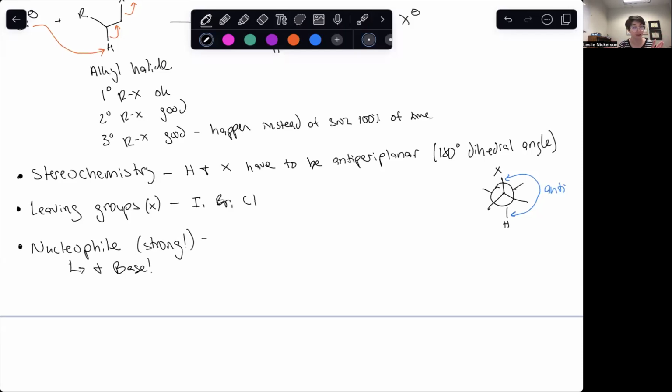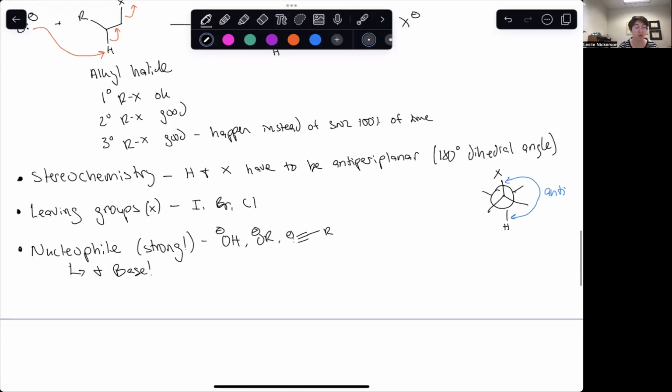We're going to see some where there isn't overlap, but the ones that I've got on here right now have a lot of overlap, where we can have stuff like OH minus, OR minus. We can have that alkyne. Those are all going to be pretty strong bases, and they will also be strong nucleophiles. So these are the ones where you're going to see most of that competition occur.